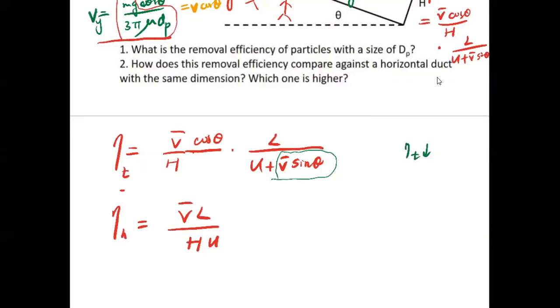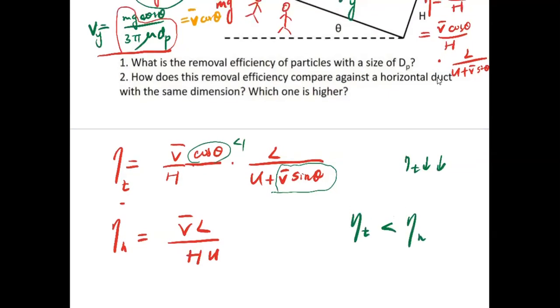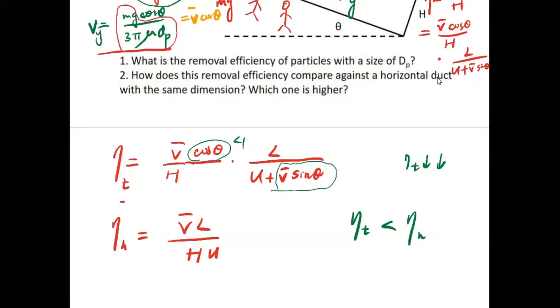Furthermore, we have a cosine theta, and cosine theta is below 1. That further makes the efficiency of the tilted duct lower. So that's why the efficiency of the tilted duct will be lower compared to the horizontal duct.